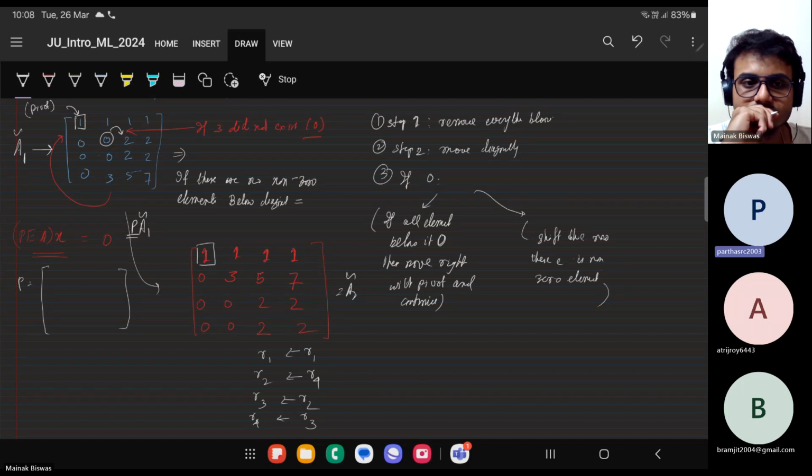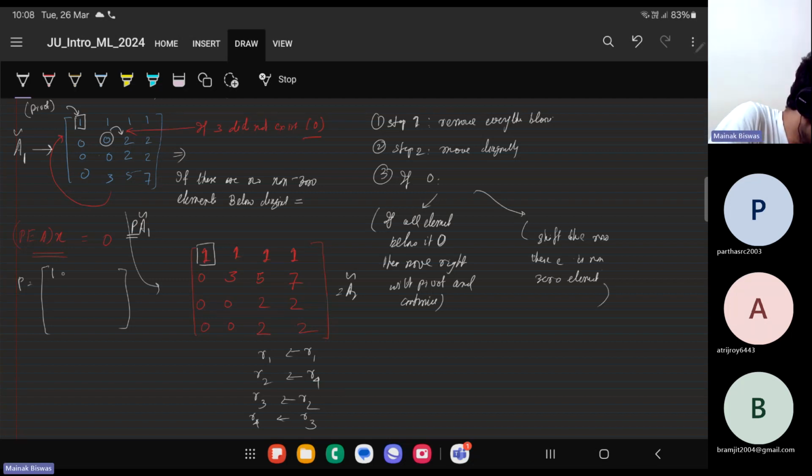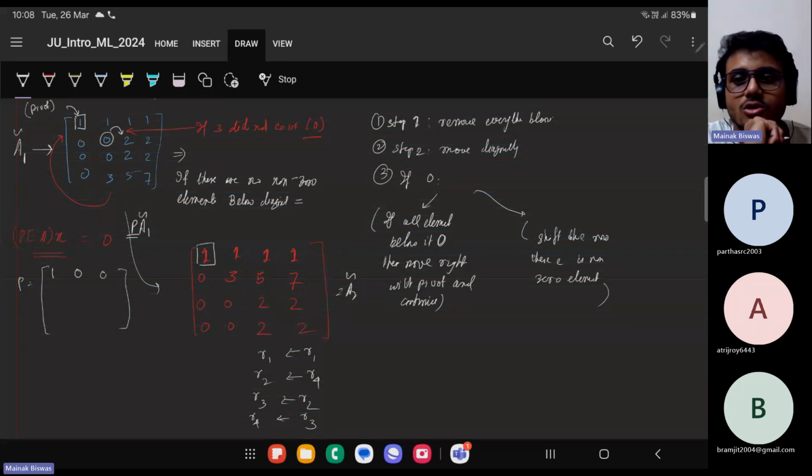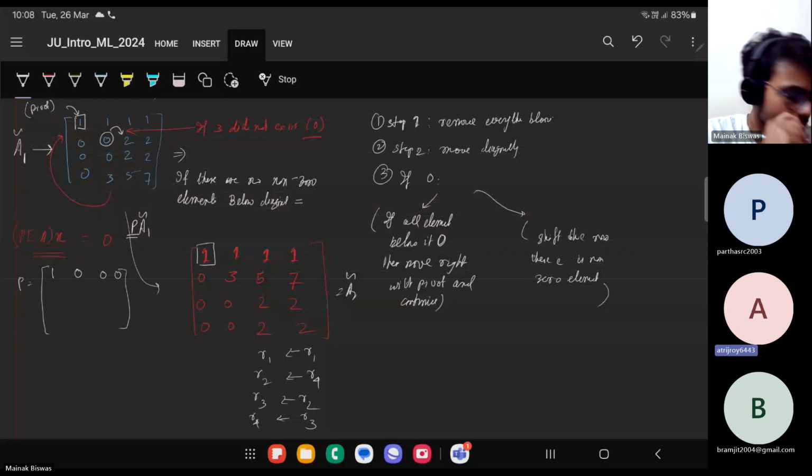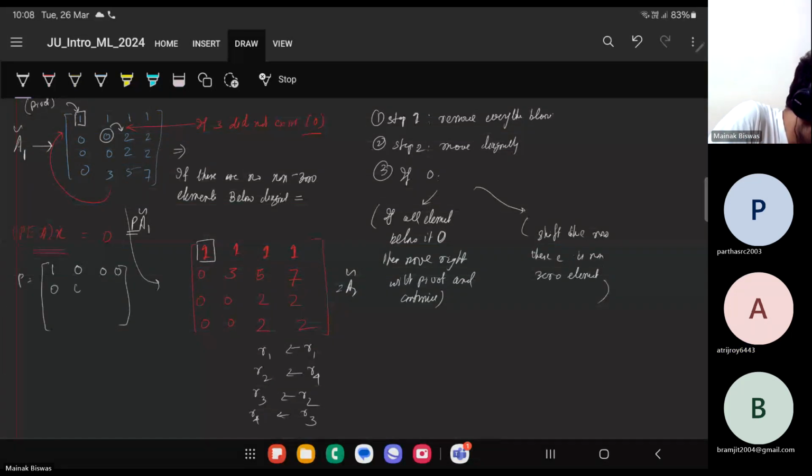How to transform? Right, the first row is 1 0 0 0 0. Done. Keep quiet now. Second row, O3. It will be 0 0 0 1. Good.